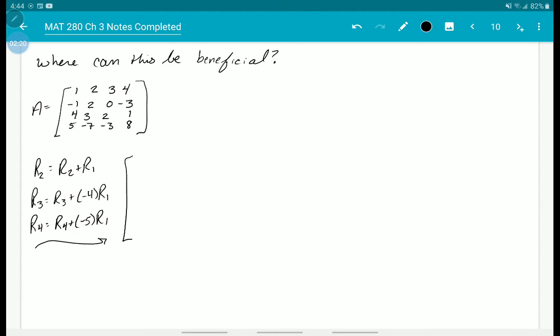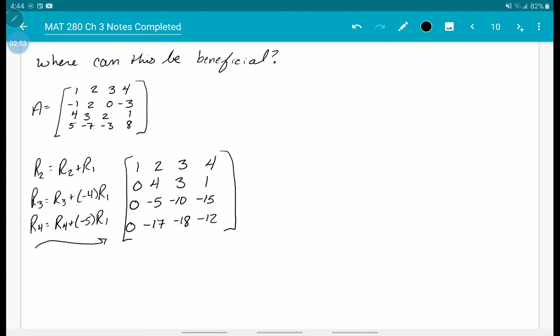So if we do that, we end up with this matrix.